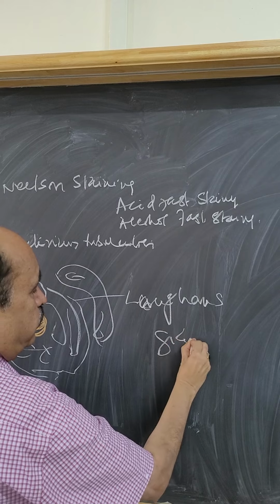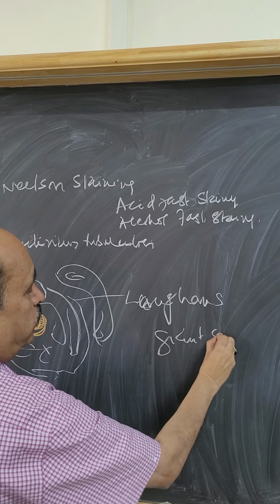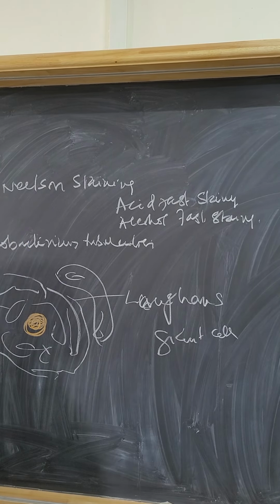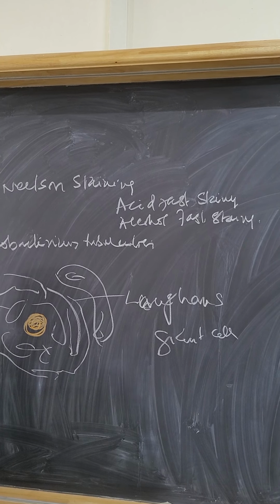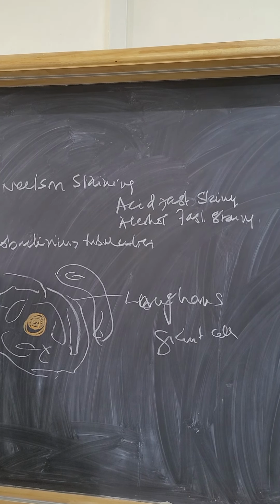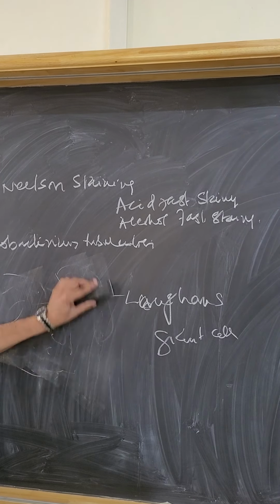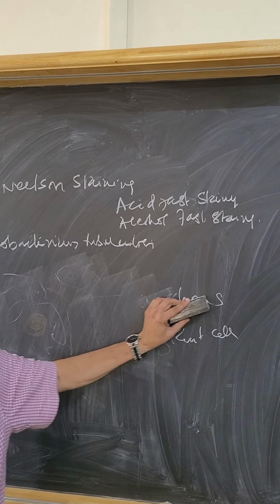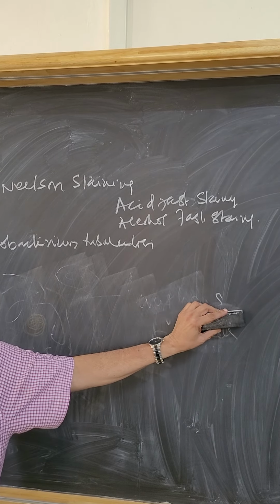A special giant cell called Langhans giant cell. So wherever you see a tubercle, you see a chronic granulomatous lesion called tubercle.